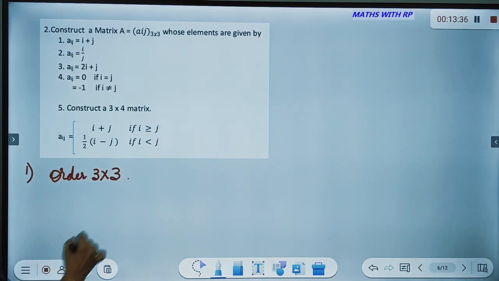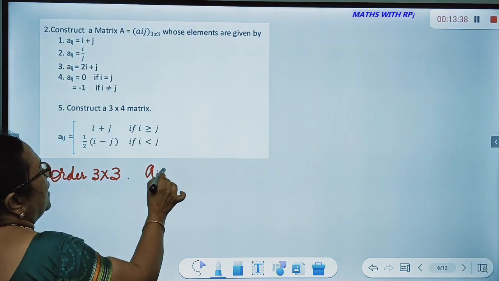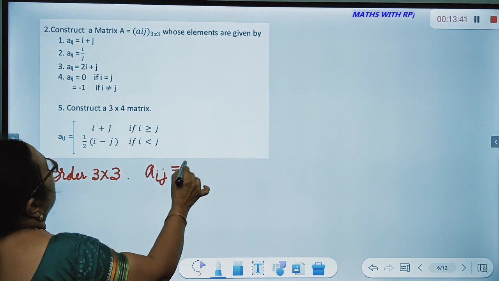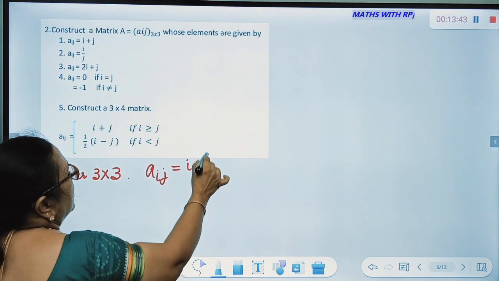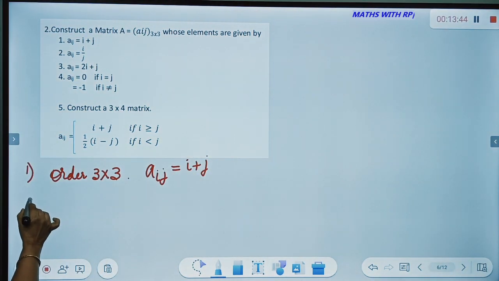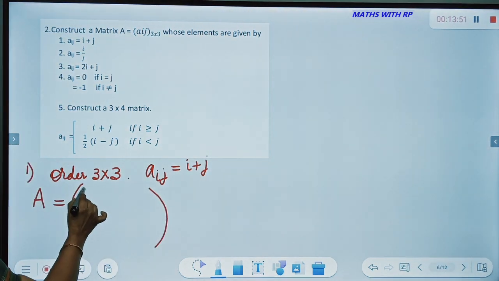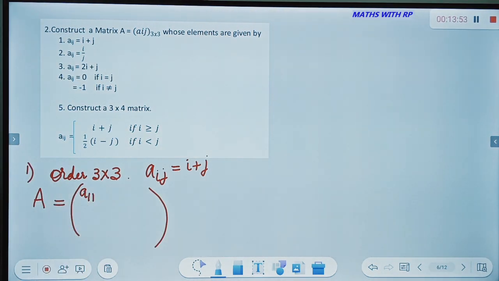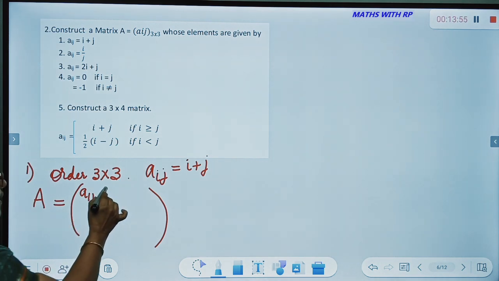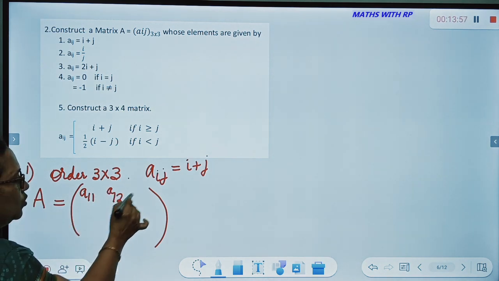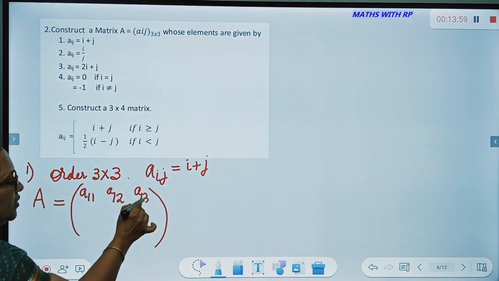How are the elements defined? aij equal to i plus j. Now when I say 3 by 3 and the matrix is called A, what will be the elements? First element is A11. The second element is A12. Third element is A13.